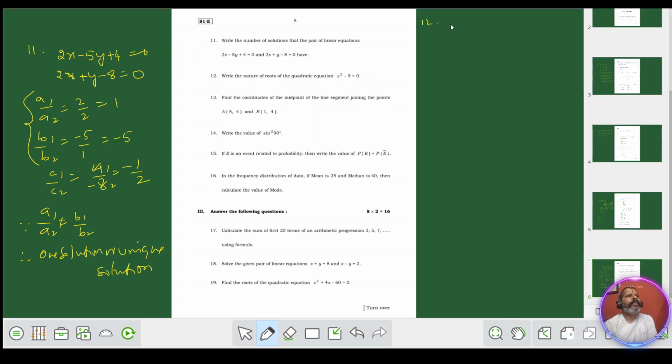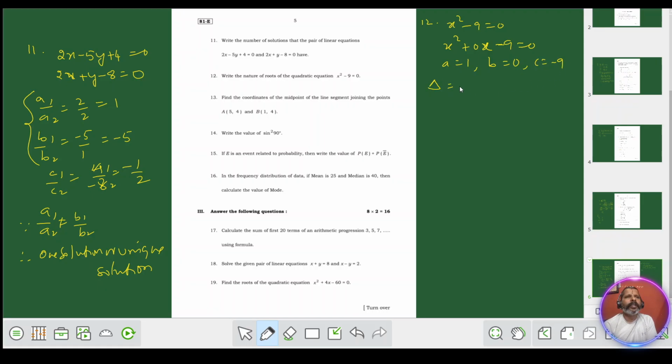Write the nature of the roots of the quadratic equation. For the nature of the roots, you need to have the standard form. So I will write, if you don't know the standard form, a equal to 1 because the x square coefficient is a, b is 0 because there is no x term, I made it 0x, that doesn't alter the equation given, c equal to minus 10.